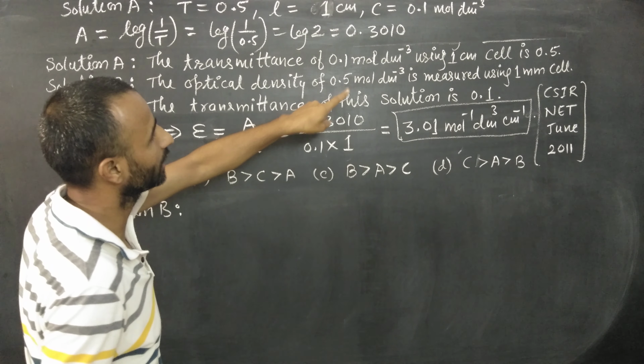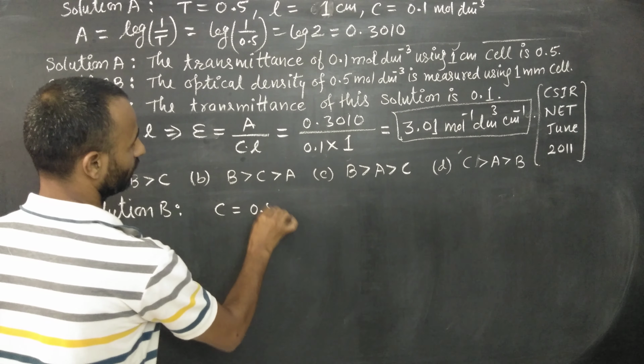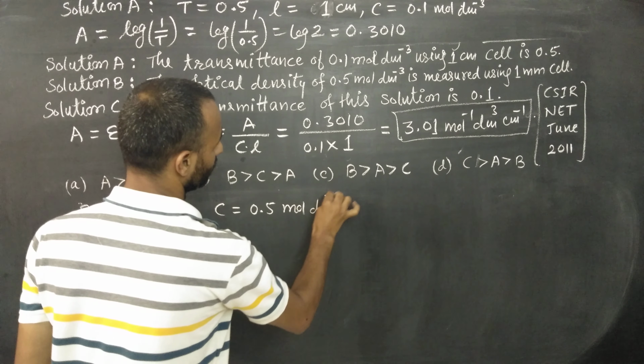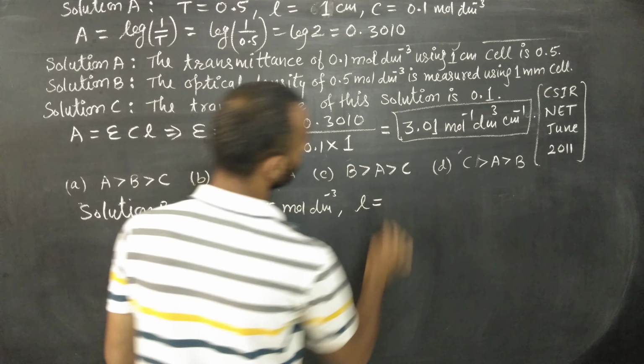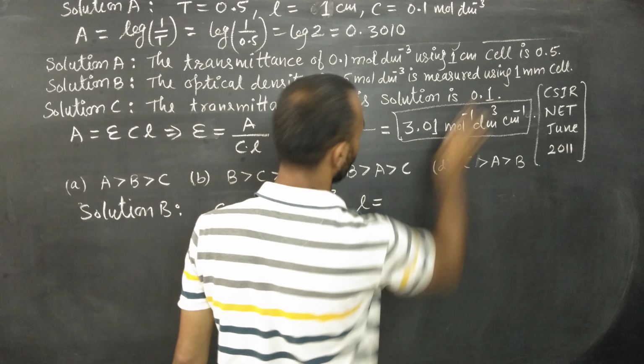We have to calculate the optical density. The concentration is 0.5 mole per decimeter cube, and the path length is 1 mm.